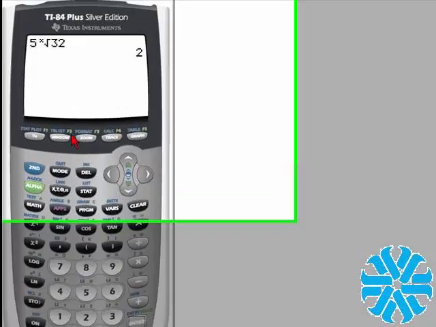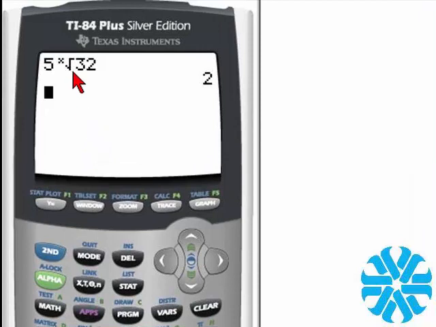Now one thing I want you to notice here is there is no left-hand parenthesis that was automatically put in like it did when we used the square root or the cube root options. For some reason, the nth root button leaves off the left-hand parenthesis. So this is going to be important if you recall what the left-hand parenthesis did in the previous examples.